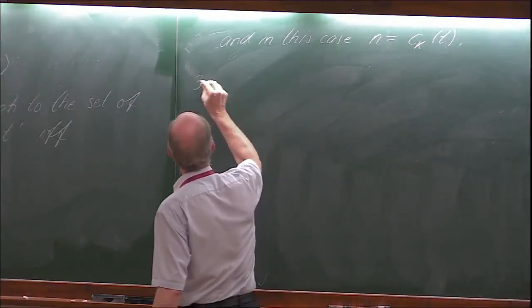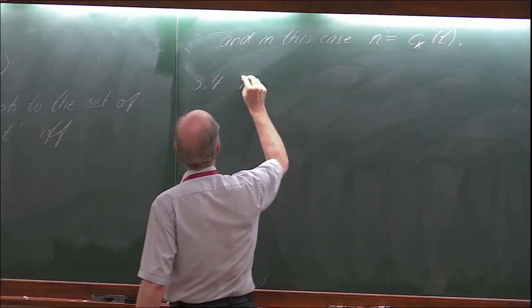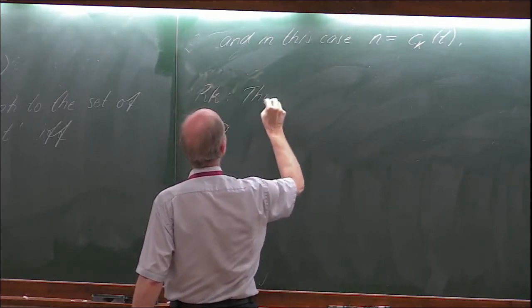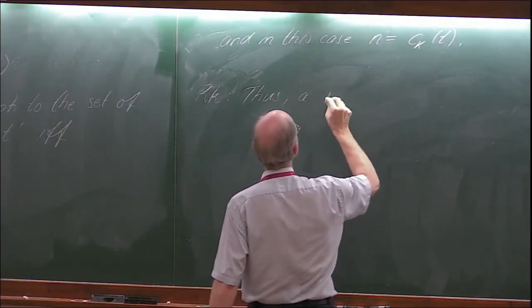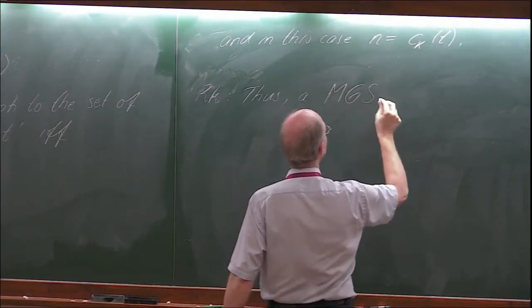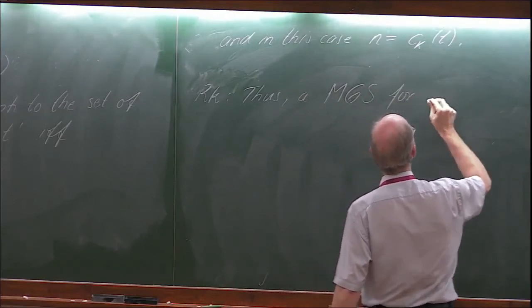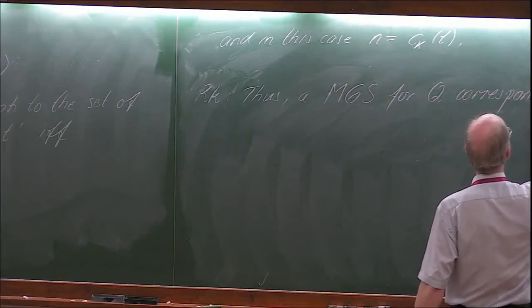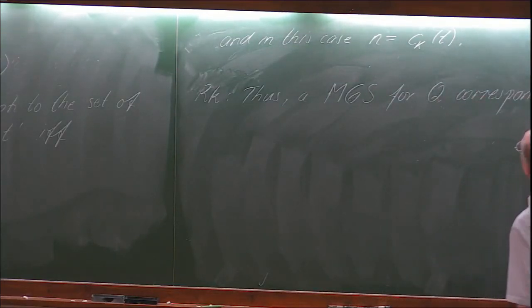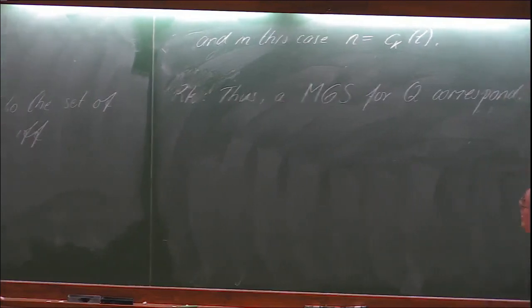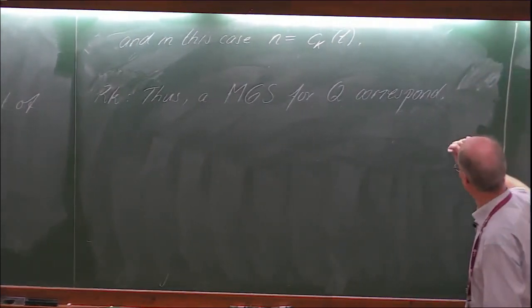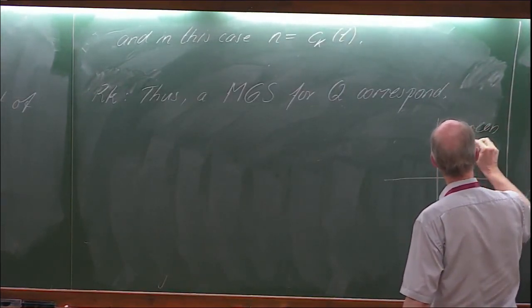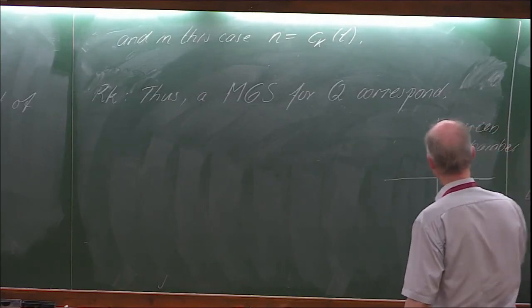And so in this way, a maximal green sequence for Q corresponds, well, a maximal green sequence is a sequence of green mutations going from the green chamber to the red chamber.